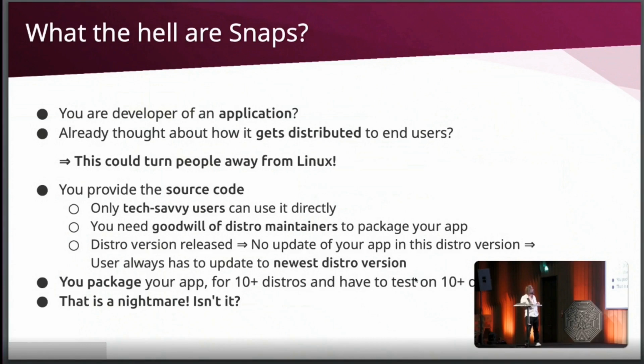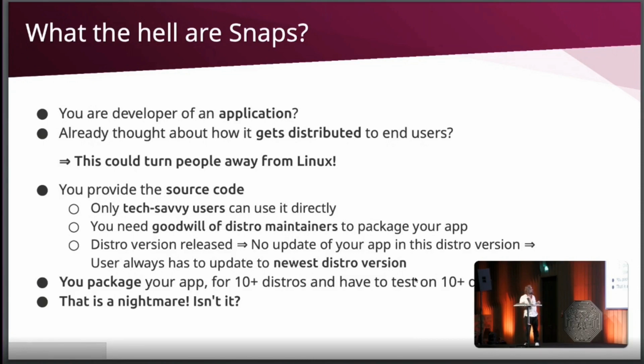When you are a developer of an application, you probably already thought about how it gets distributed to end users. You have an open source application, and you are at least publishing the source code, as you are required to do so. Otherwise, the application can never be open source or free software.